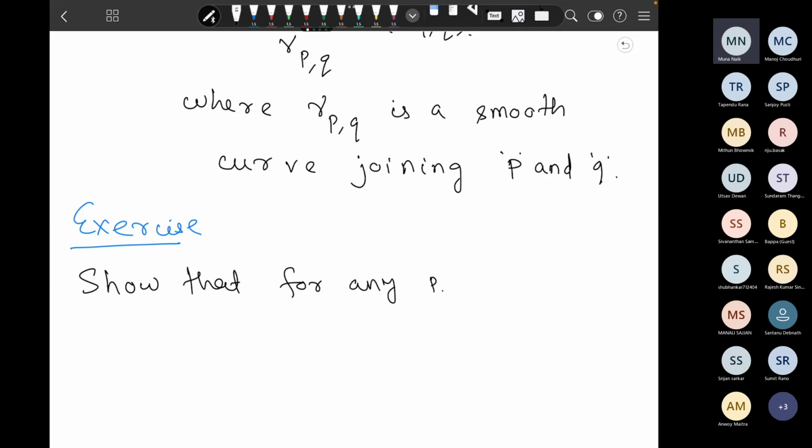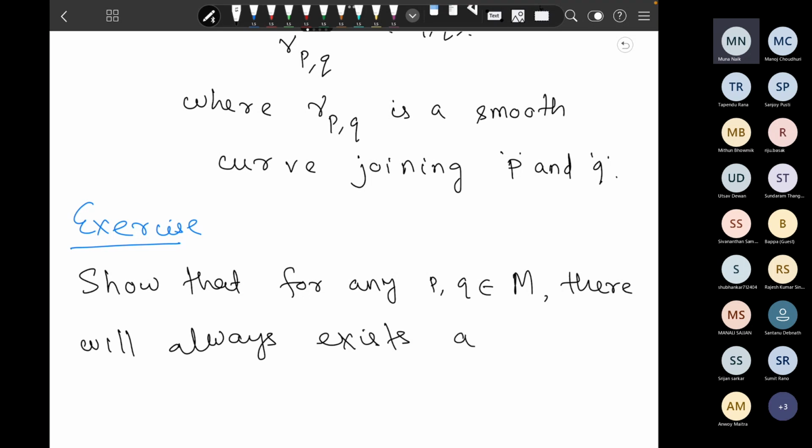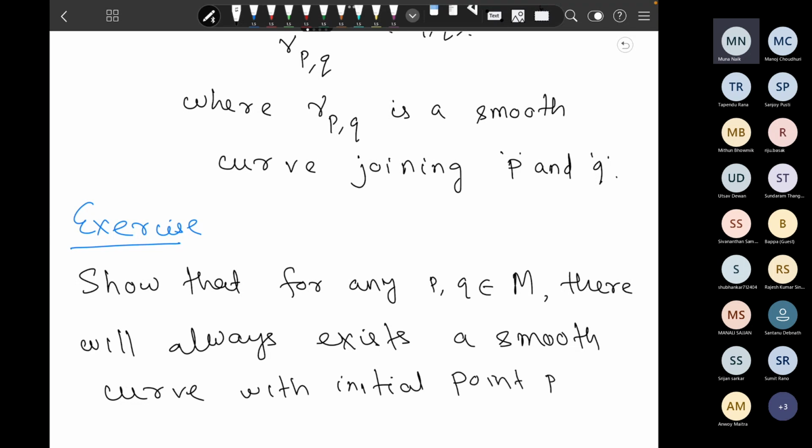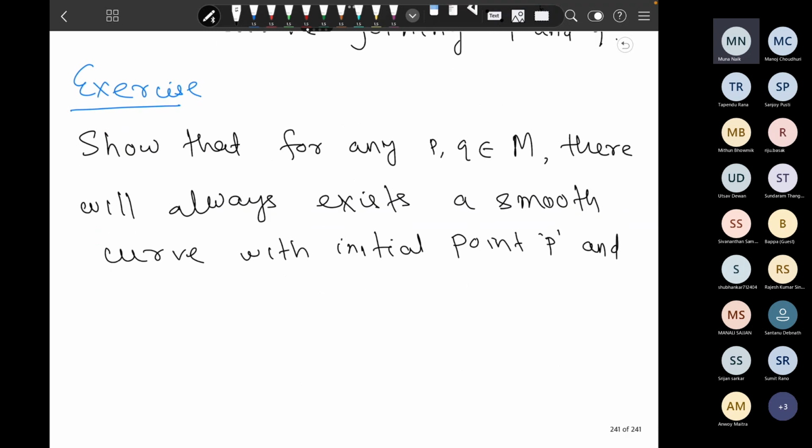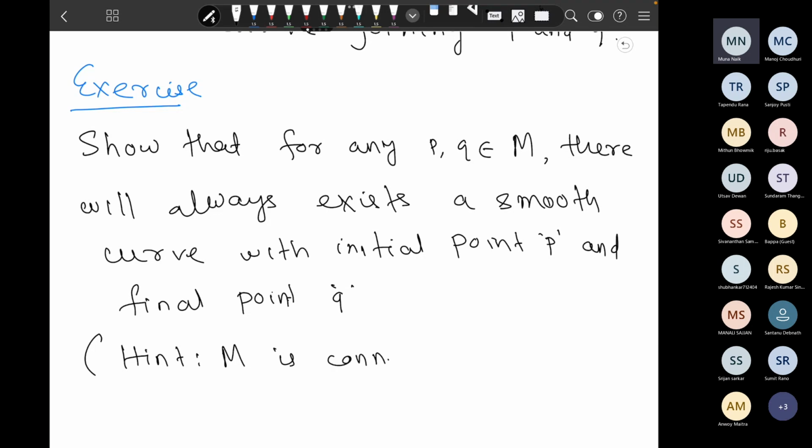For any P, Q belonging to M, there will always exist a smooth curve with initial point P and final point Q. To do this, use the fact that M is connected and M is locally Euclidean.